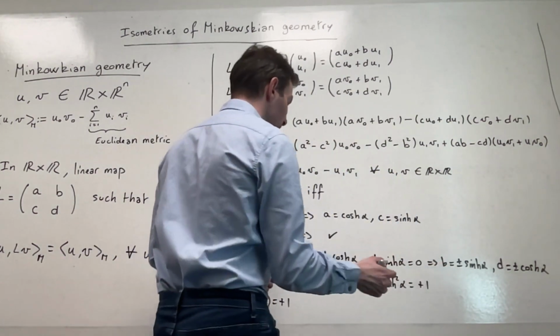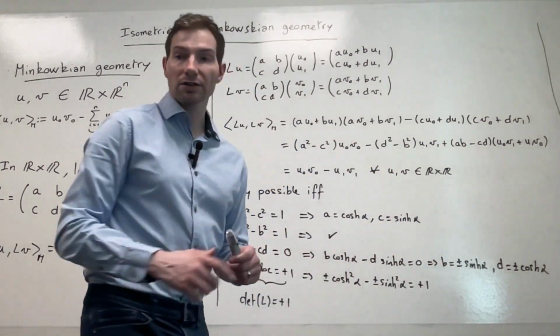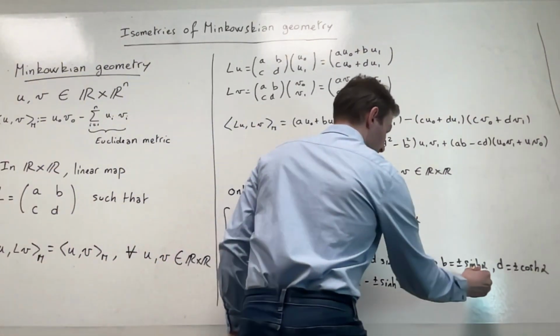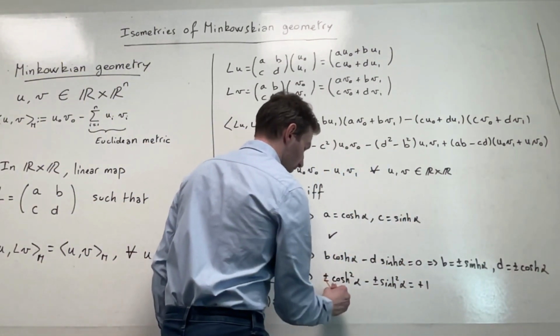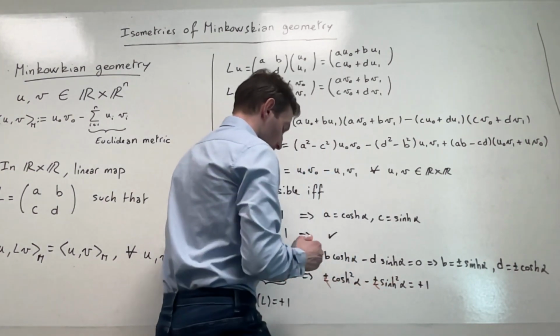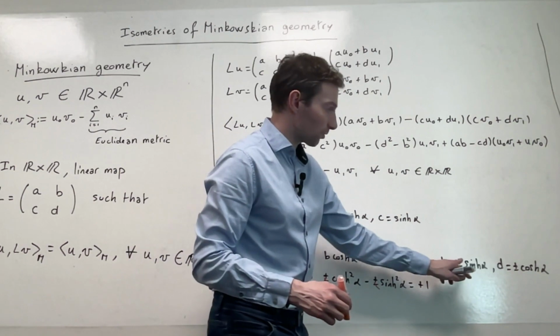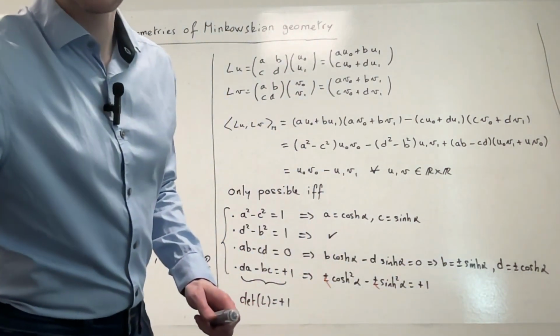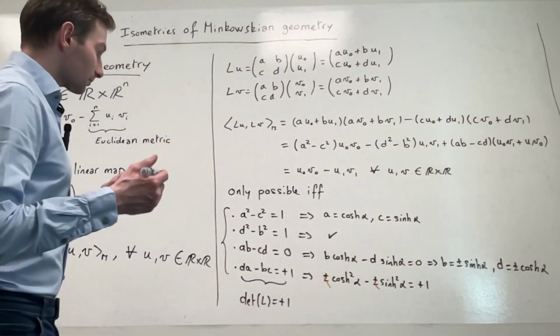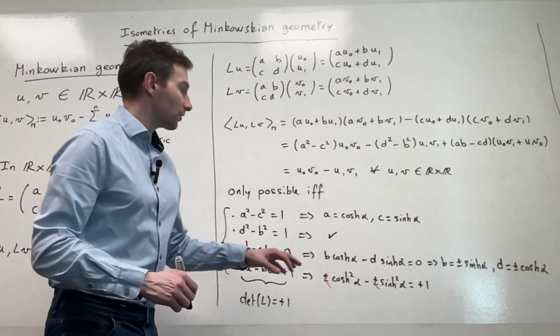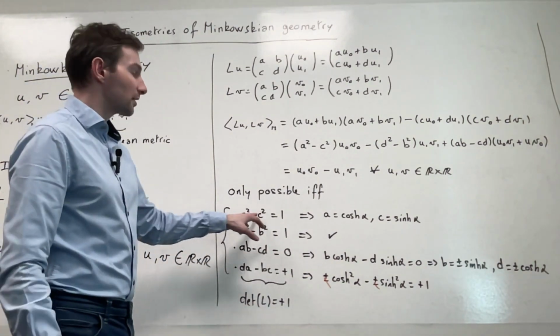And this is only possible if we rule out the possibility of the minus sign being there. So this is not possible. It's only possible if we choose the plus version of it. Consequently, this is an identity.